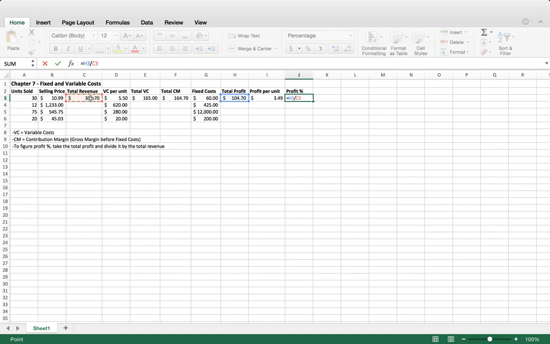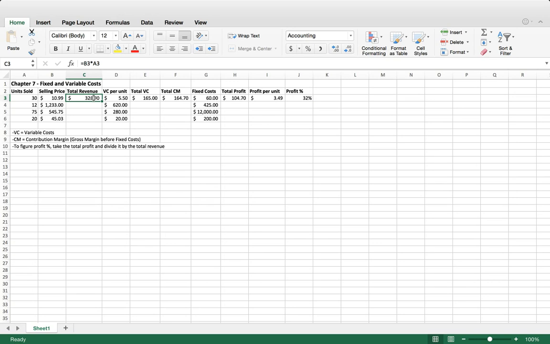So what percentage of the total revenue is our profit for selling these 30 units? And that comes to 32%. So we make 32% profit for selling these 30 units at $10.99, which produced a total revenue of $329.70. And backing out our variable costs and our fixed costs, and we get our profit, and voila, that's how we get our 32% profit.